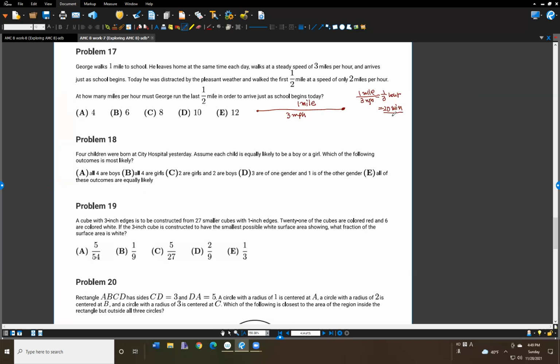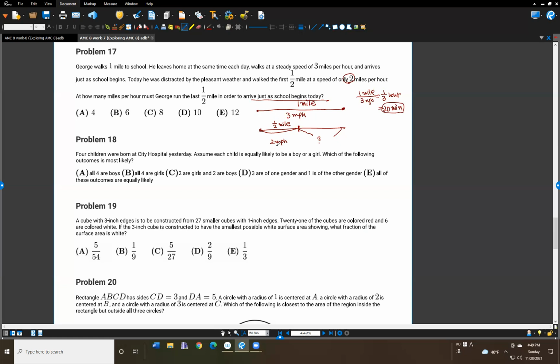That's the meaning, okay? Today he was distracted by the weather and walked the first half, because this is 1 mile, the first half is 1/2 a mile, at 2 miles per hour. But he's going to arrive at the same time, so we're going to go faster later, because they're going to ask about the speed. So it took 20 minutes.